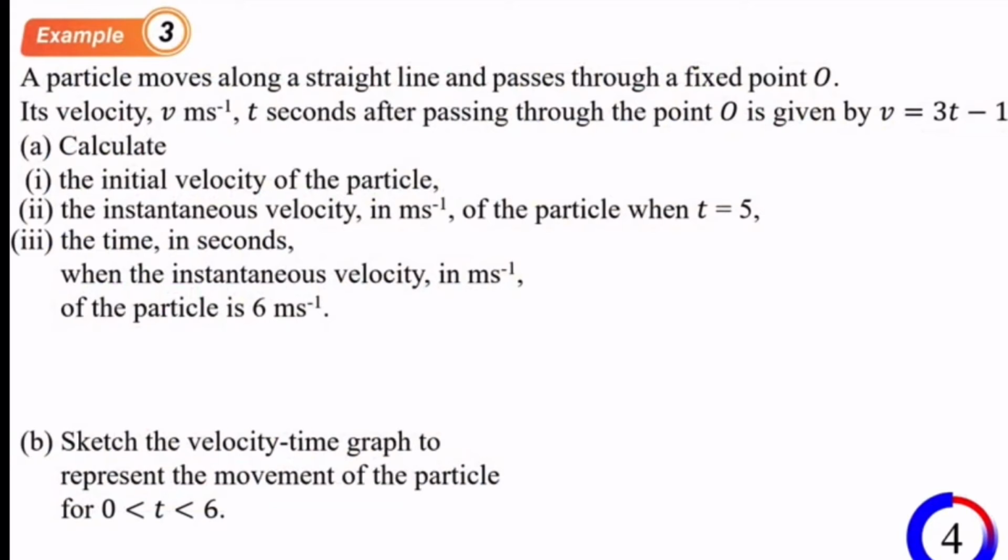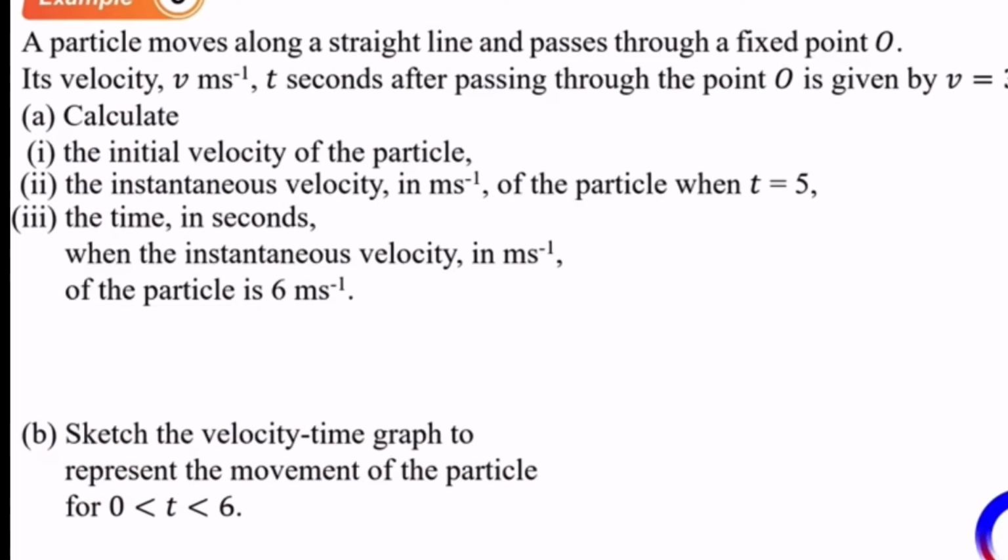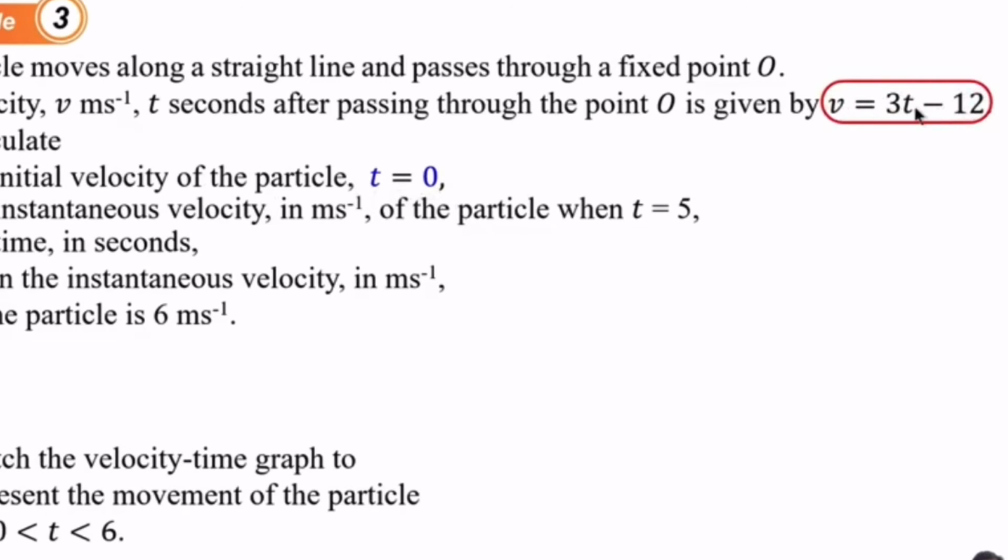So for this example, a particle moves along a straight line and passes through a fixed point O. The velocity v meter per second after passing through the point O is given by v equal to 3t minus 12.